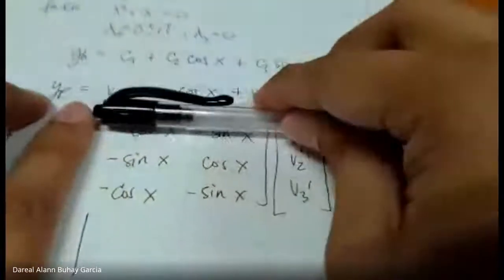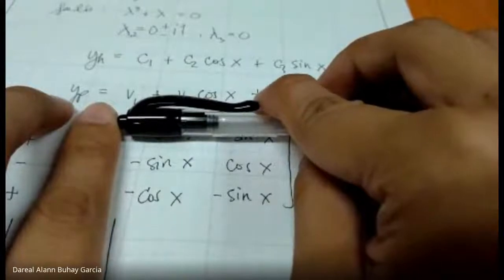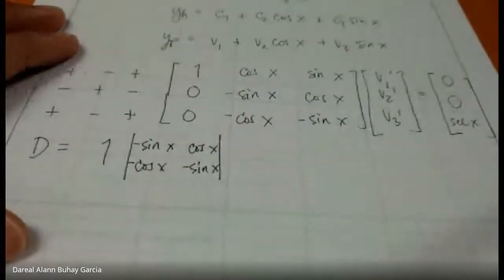Sa submatrix: negative sine, cosine, negative cosine, and negative sine.